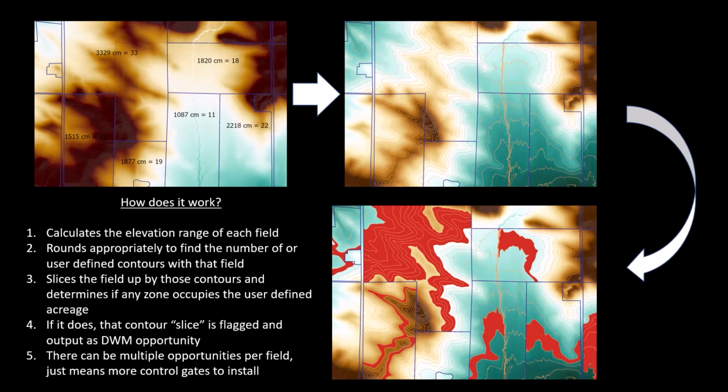The field is then sliced up by those contours, and the slices are determined to be zones if they are greater than the user-defined acreage. So in our case, are any of these slices greater than 10 acres of the field? If it is, then that slice is flagged as an opportunity for drainage water management. There can be multiple opportunities per field. It just means that more control gates would need to be installed.